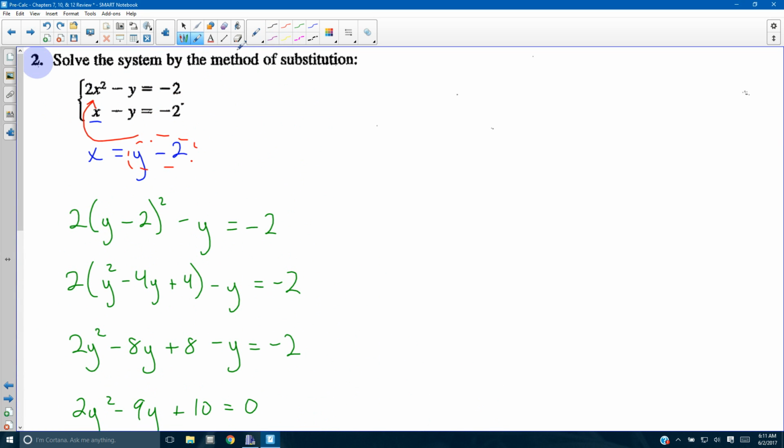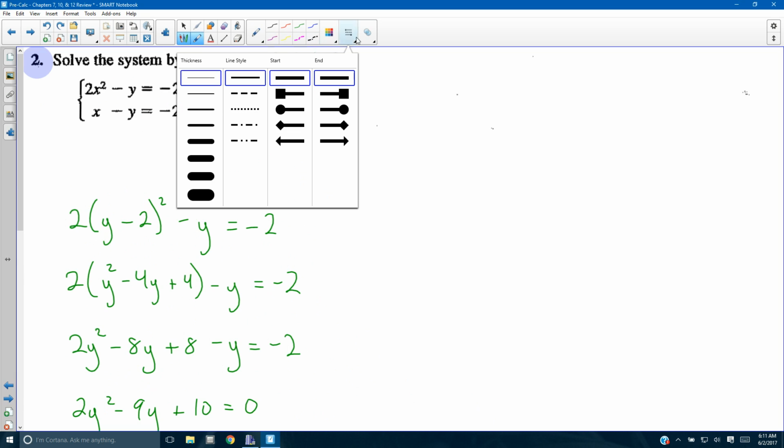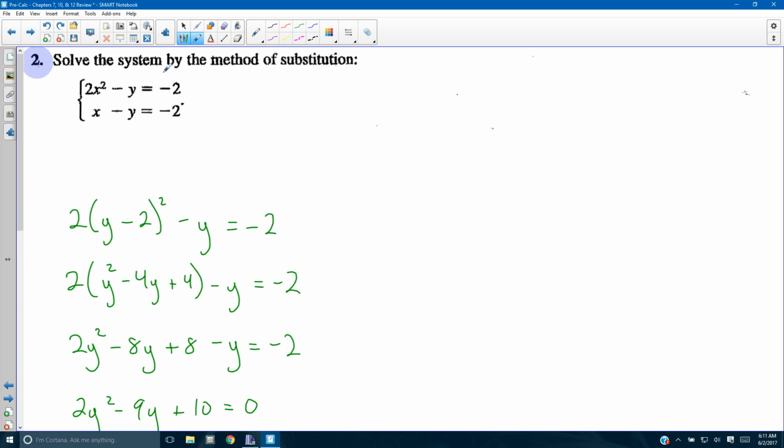So second way here, instead of getting x by itself, this time I'm going to get y by itself. And look, I can even do it in both equations here if I truly wanted to. And then I can use something that we call in Algebra 1 now, the equal values method. If I choose to get y by itself in both equations, I can subtract 2x squared and then multiply everything by -1, y would equal 2x squared plus 2.